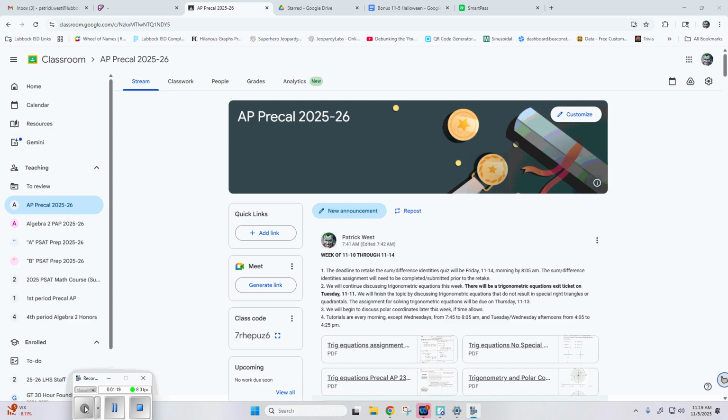There's 6. So there's adding and subtracting for sine, adding and subtracting for cosine, and adding and subtracting for tangent.